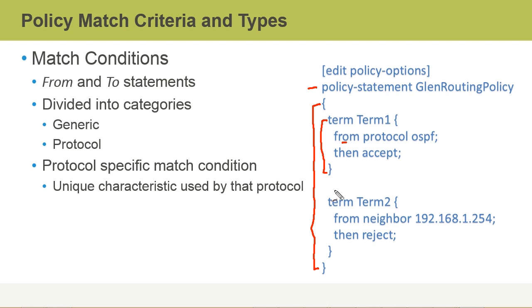Let's say it's RIP information. Then the second term kicks in. And again, notice that the second term does have an opening and closing bracket. And again, it has our from. So it checks to see if the information is from neighboring device 192.168.1.254. If it is, then let's reject that traffic or reject that routing information.